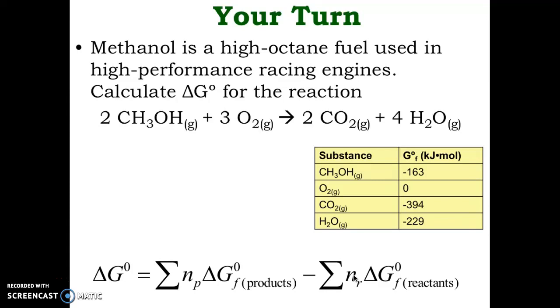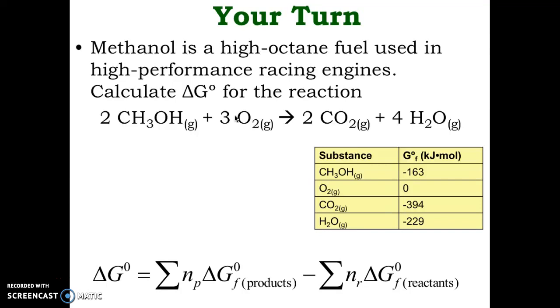So in this case, again, we take our products minus our reactants, taking into account how many moles there are. Notice our only elemental substance is oxygen with its delta G of 0. Most of the time that would be given to you, or you could look it up on the table, but if it is not and you notice something is in its elemental form, you can assume it is 0.